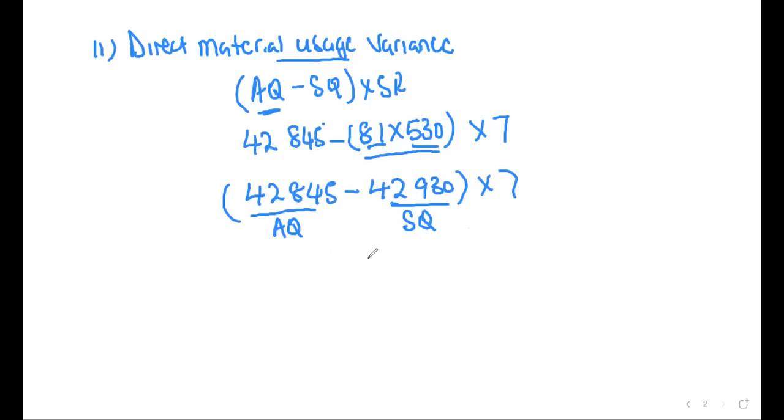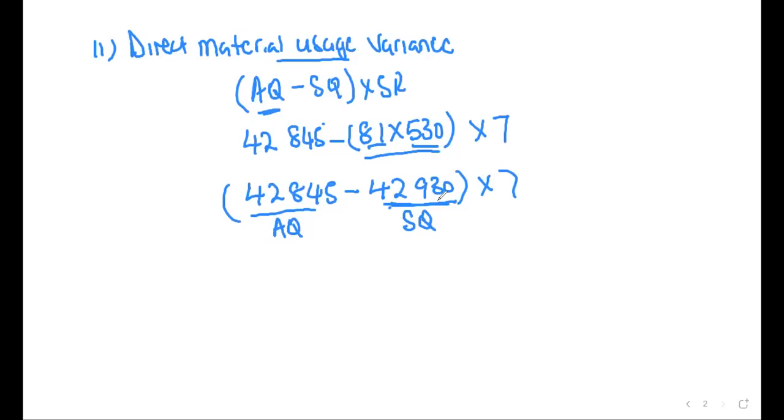Are you guys there? It's going to be favorable. Why? Because we used less than what we had budgeted. We used less material than what we had budgeted. Yes, that's correct. This is what we had budgeted.